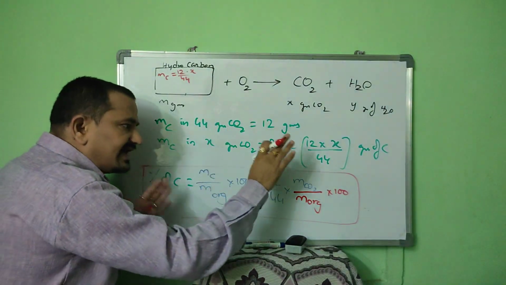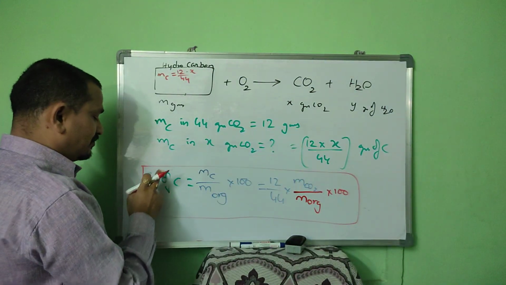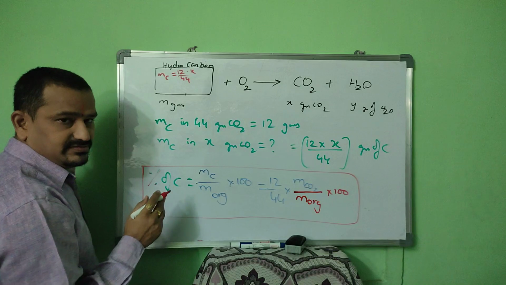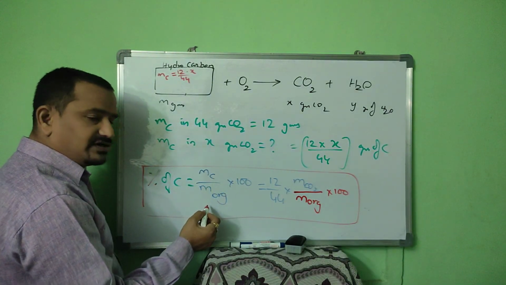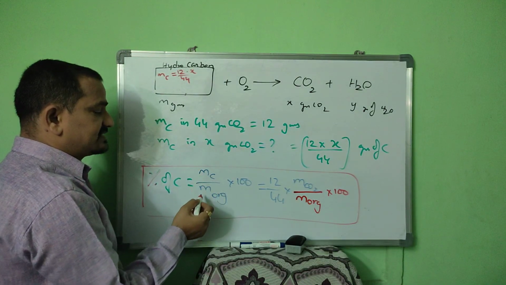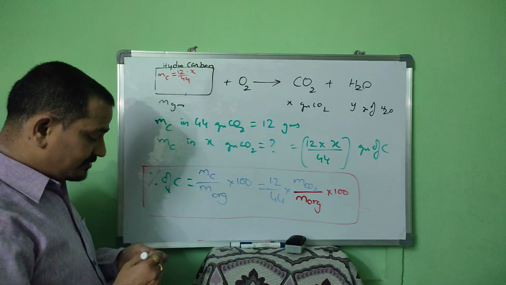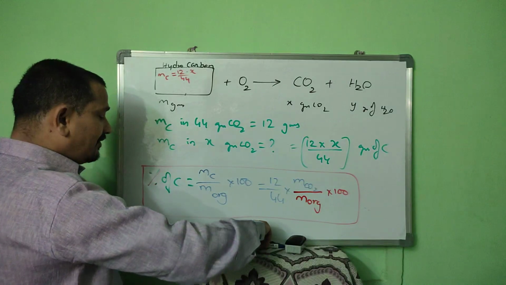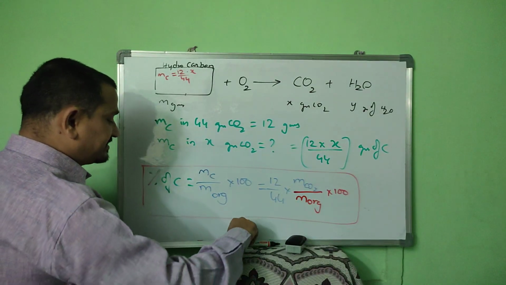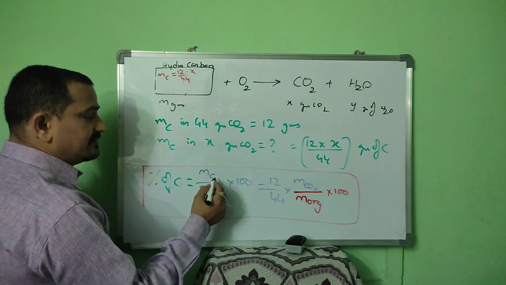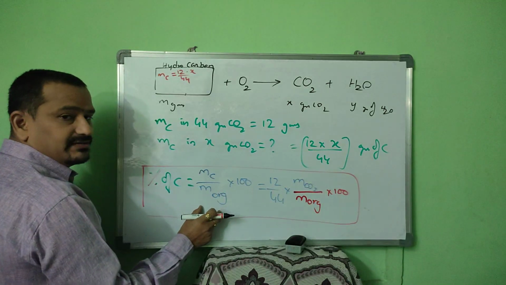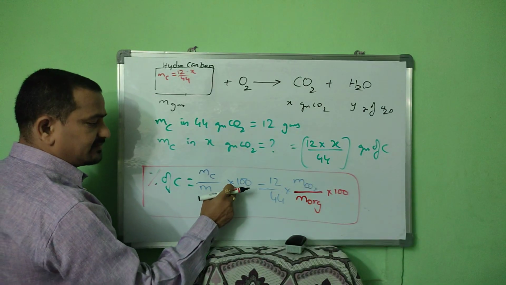Once we calculate the mass of carbon, we can find the percentage of carbon. As I said, obtained mass out of total mass into 100. How do you measure the percentage of carbon present in this hydrocarbon? Mass of carbon out of total mass of the hydrocarbon or organic compound into 100.